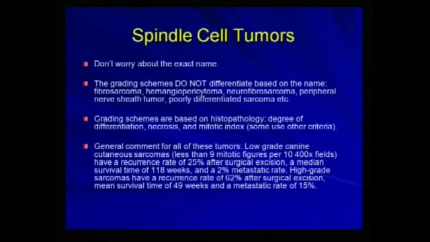These are tumors that need to be graded in terms of low grade versus high grade. We generally cannot do that with cytology. The most important thing is to say this is a spindle cell sarcoma and recommend excision with wide margins.